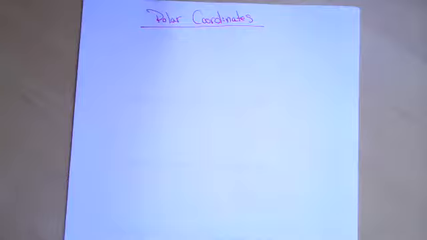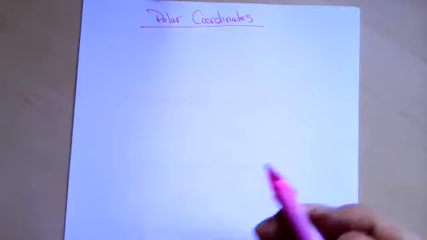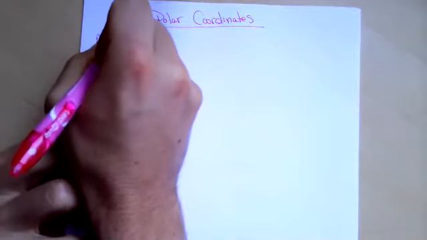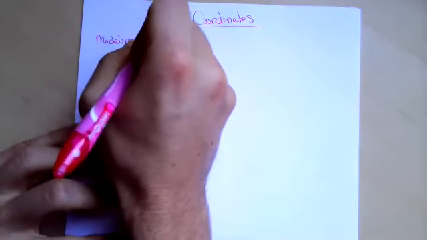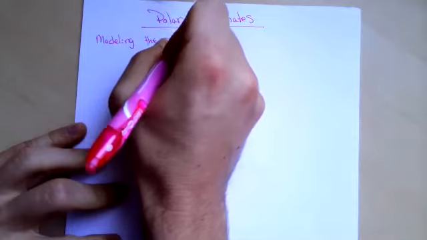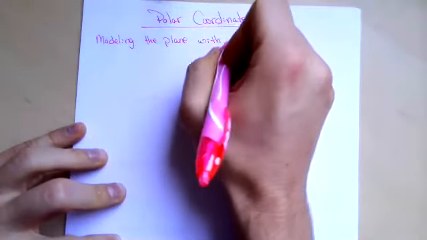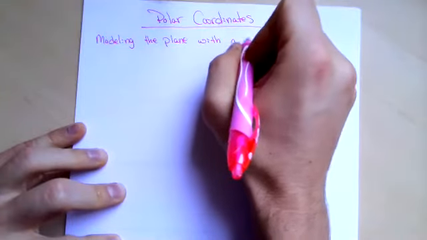Polar coordinates are a way of modeling the plane with, let's call it, a circular grid.